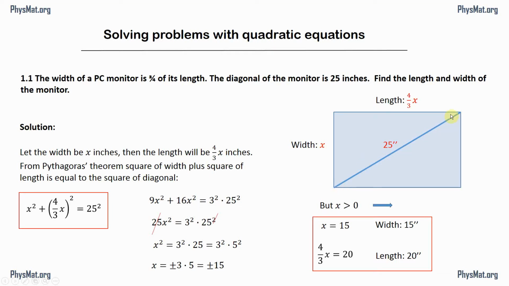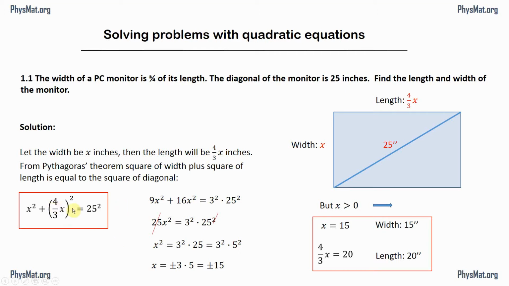So we can see this is a right-angled triangle, therefore we can apply the Pythagorean theorem, which means that x squared plus (4/3 x) squared is equal to 25 squared.